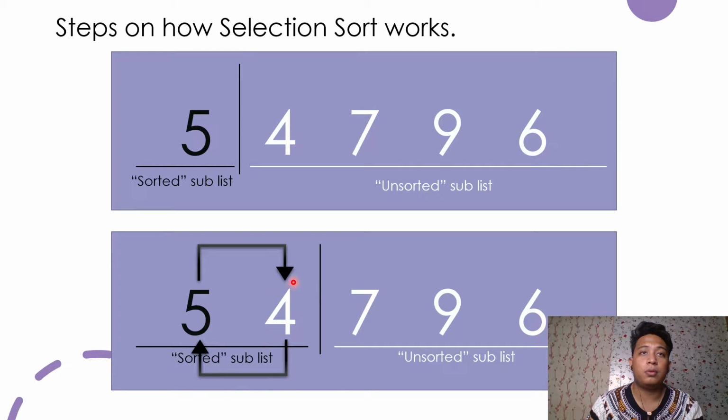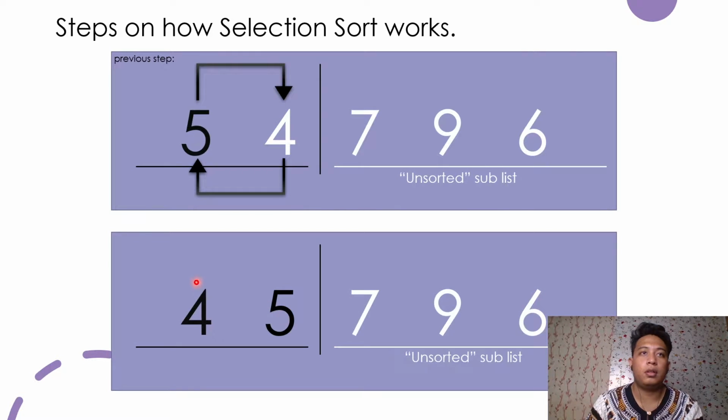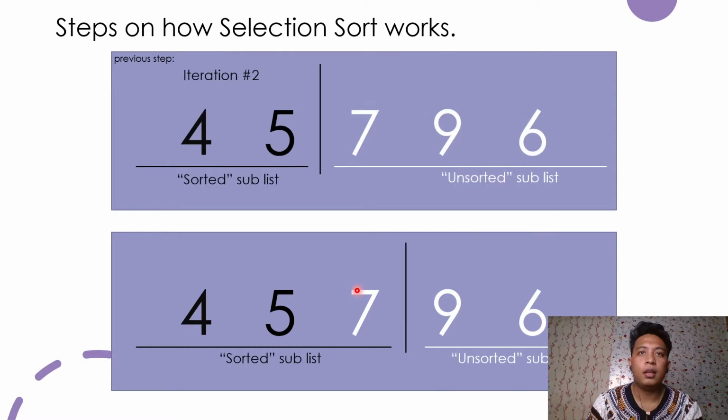Yes, so it means that we will switch these two. So that's it, 4 and 5. After switching these two, I will compare next the number 7. Is number 7 less than number 5? Number 7 is greater than number 5, so number 7 will stay there as well as number 5, because number 5 is already lesser than 7.